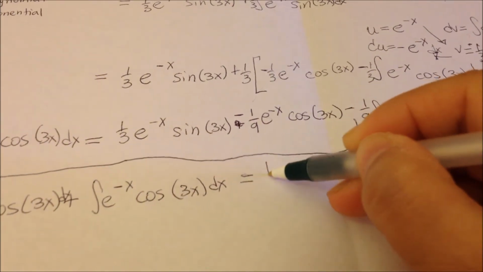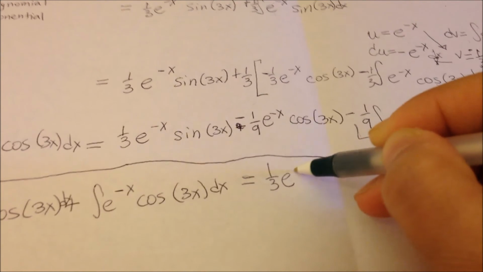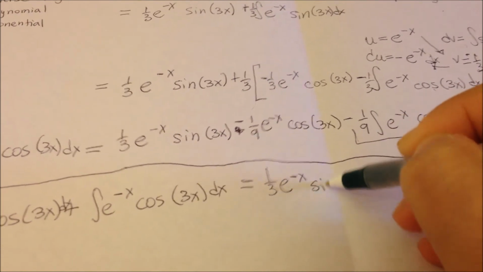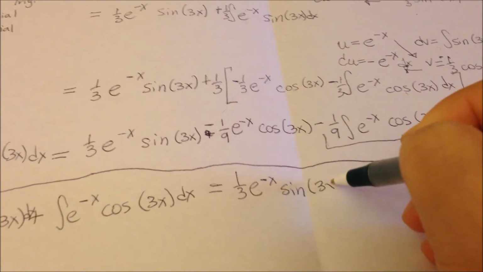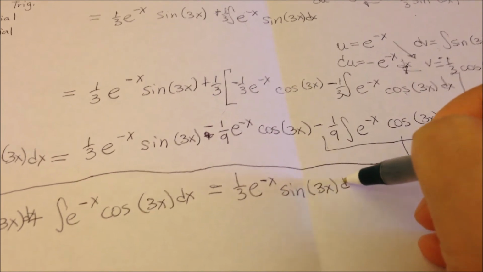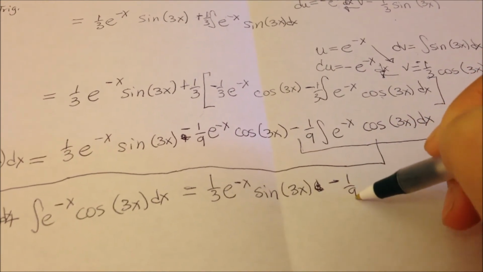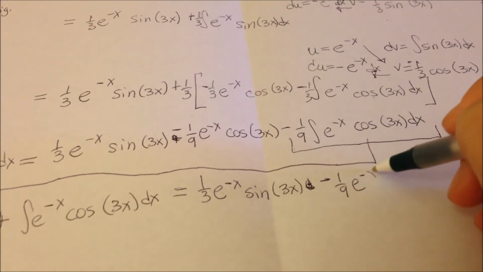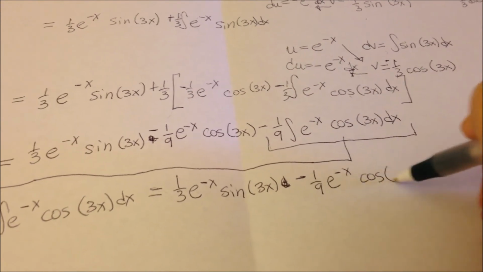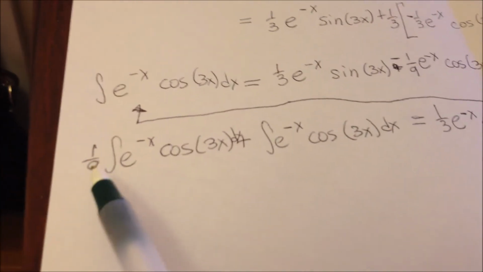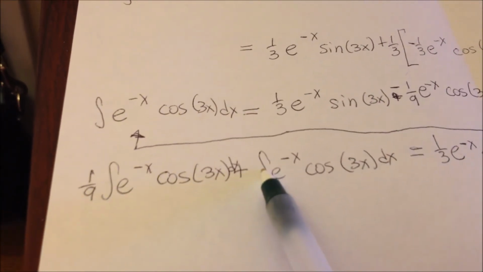Okay, so we're just going to copy that: the 1/3 e to the negative x sine 3x, oh no dx on that one, I'm going dx happy now, minus 1/9 e to the negative x cosine 3x right there. Okay? So we're going to do a little fraction adding. So this is 1/9 plus 1 basically.